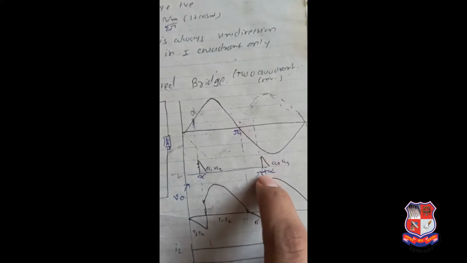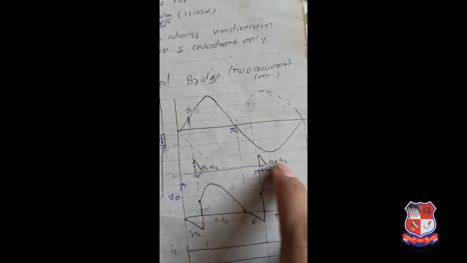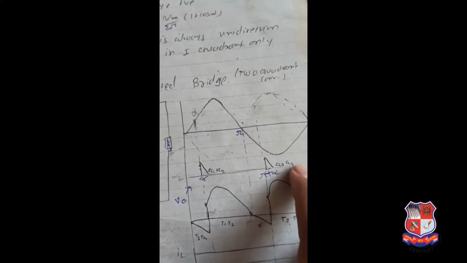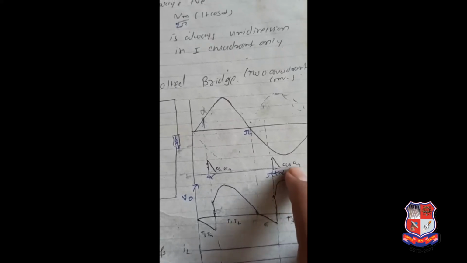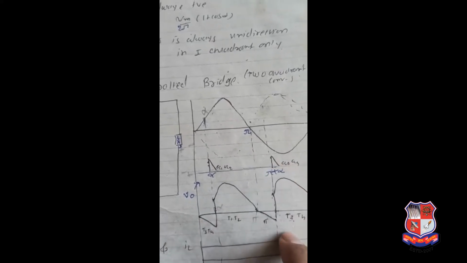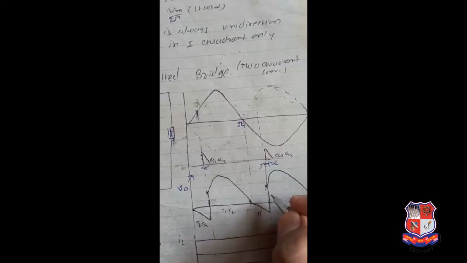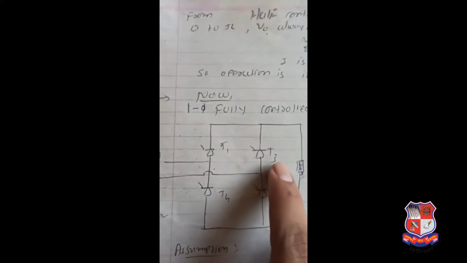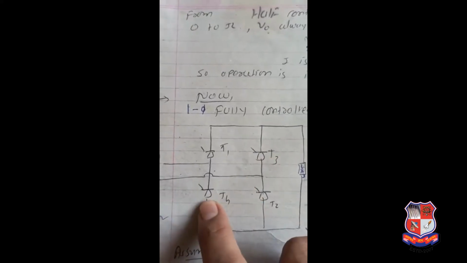As soon as you give the pulse at pi plus alpha to T3 and T4, T1 and T2 turn off instantaneously, and the voltage goes back to 0 here. T3 and T4 are turned on.